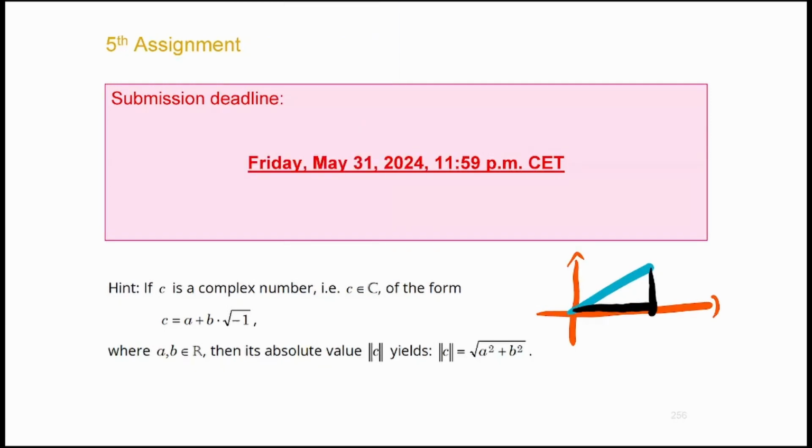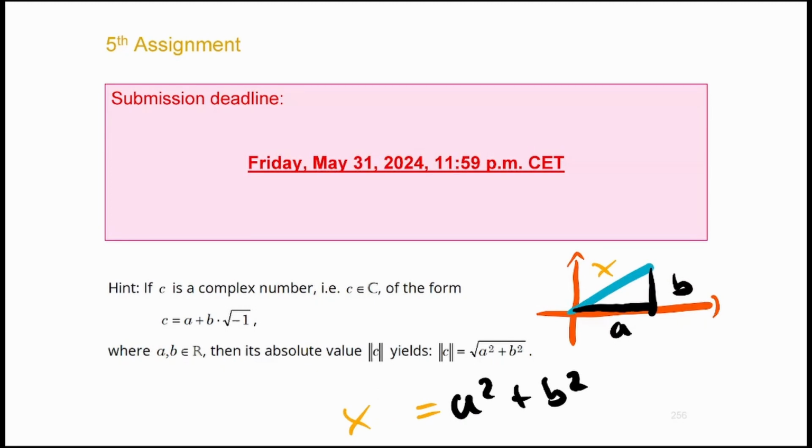If this has the length a and this has the length b, then the diagonal, according to the Pythagorean theorem, is going to be, let's not call it c squared, let's call it x squared, sorry, because it's not consistent with that notation. x squared is going to equal a squared plus b squared. You know the Pythagorean theorem, right? Satz des Pythagoras. All right, so that's basically it.